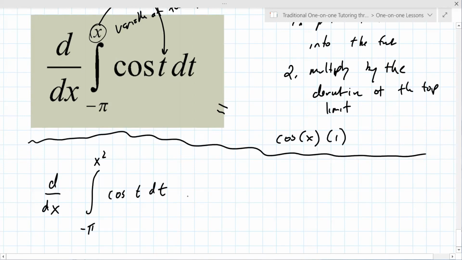You take whatever's up here and put it in for the variable: cosine x squared. And then you multiply by the derivative of this, 2x. Now, most of the time, of course in the beginning examples, the derivative is going to be 1, but on a test, it might not be.